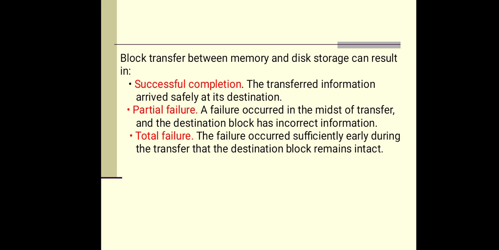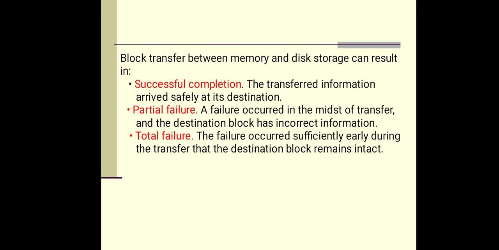So what is successful completion? The transferred information arrived safely at its destination. That is successful completion. Partial failure means a failure occurred in the middle of the transfer and the destination block has incorrect information.